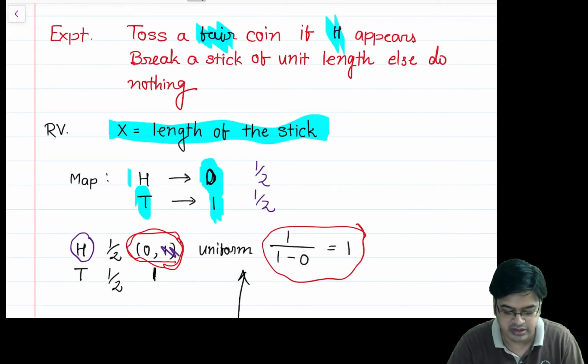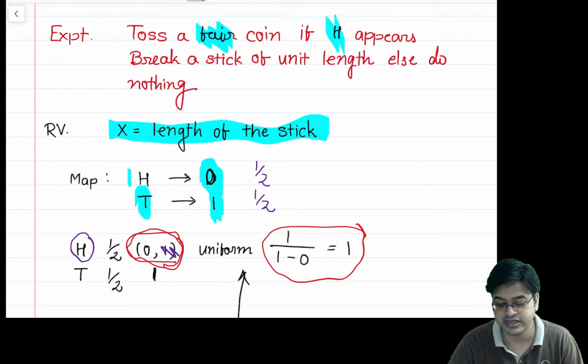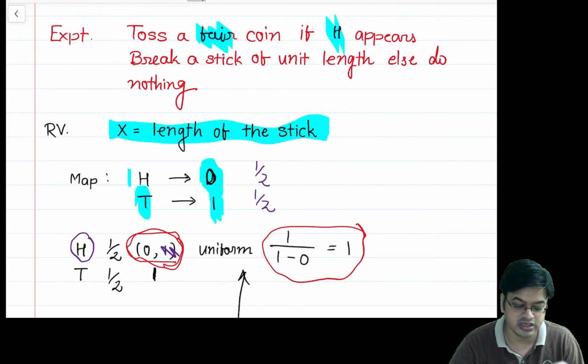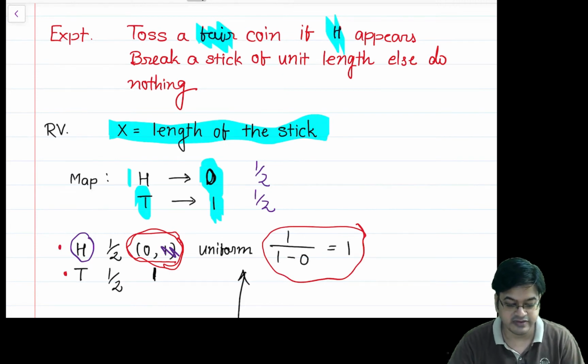The interval is uncountable, therefore this random variable is neither discrete nor continuous. But individually, if I look at the outcomes, some outcomes are discrete and some are continuous. In particular, one outcome is discrete and others are continuous. Such random variables are called mixed random variables.